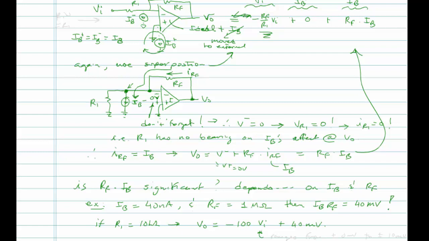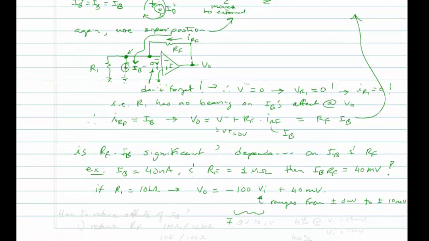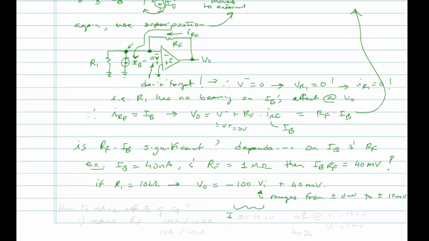Let's say that VI is a really small signal that you're trying to amplify. So let's say VI ranges from plus and minus 0 millivolts to plus and minus, let's say, 10 millivolts. Then that means this term here is going to range between minus plus 0 to 1 volt. 0 to 1 volt. Right?